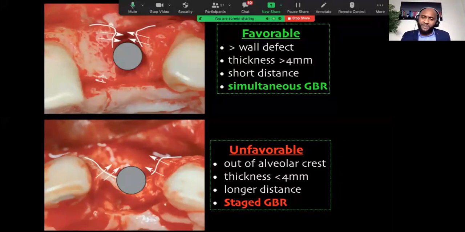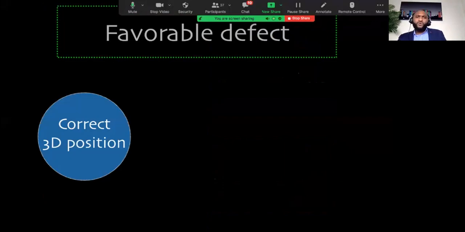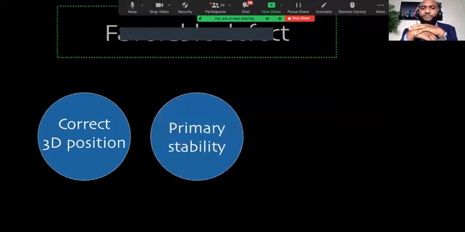So with that in mind, we can therefore conclude that a favorable defect will be where, from your planning, you can see that you will correctly position the implant. Since you have available bone, you then would have good primary stability.